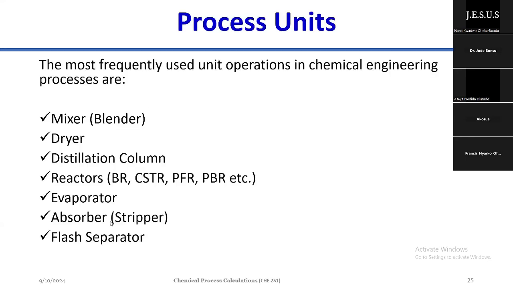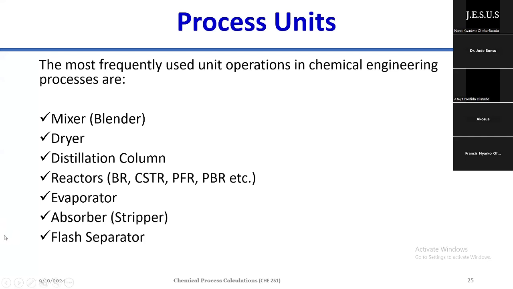Now yesterday Doc spoke about process units. First he spoke about unit operations and the unit processes, and I believe we understand that by now. The process unit is actually an equipment or a system where the unit operations or the unit processes take place.